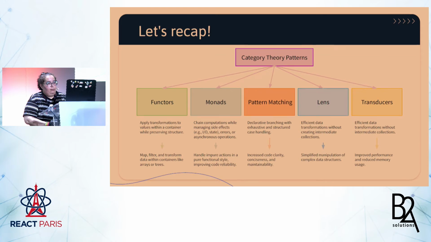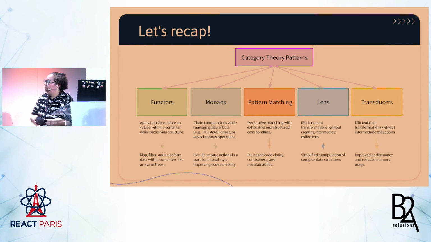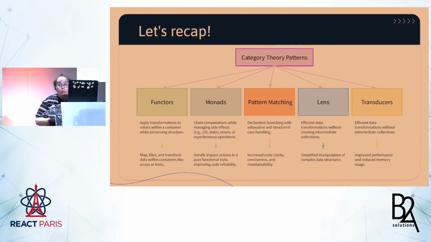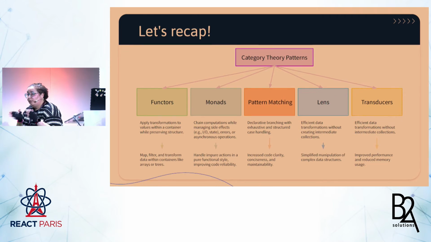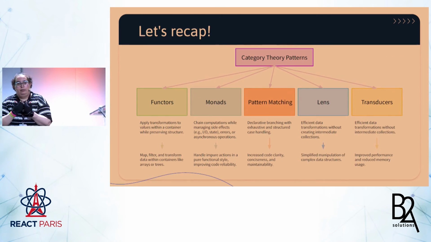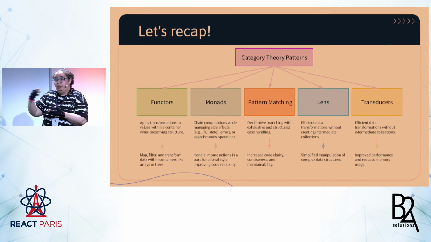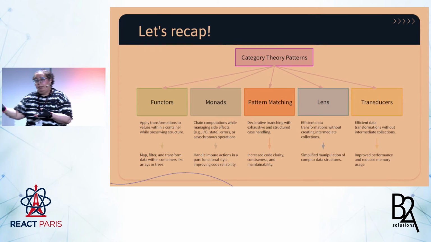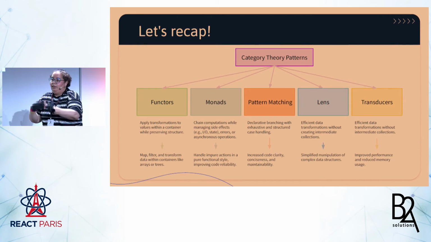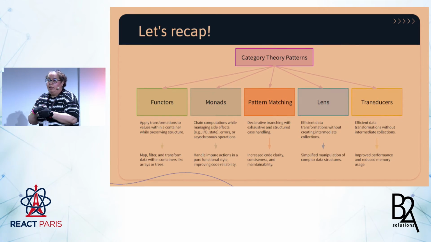So if we recap, category theory gives us the pattern like functor. Functor applies transformation while preserving structure. This is very important. I can't have confidence in my code if my code does mutation. It must be predictable. It must be deterministic in order to deliver my code. When I deliver my code, I must be sure that it will not cause side effect.